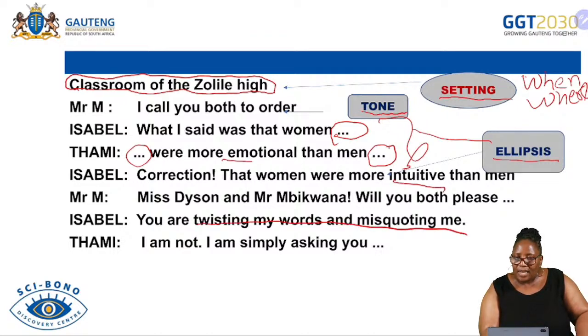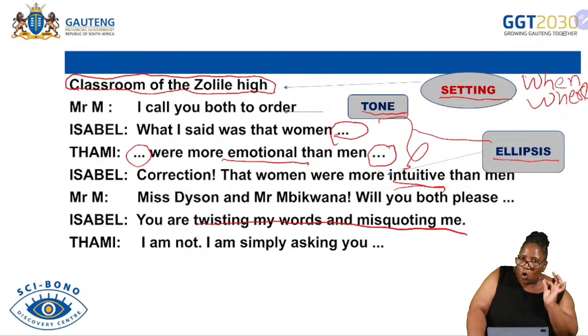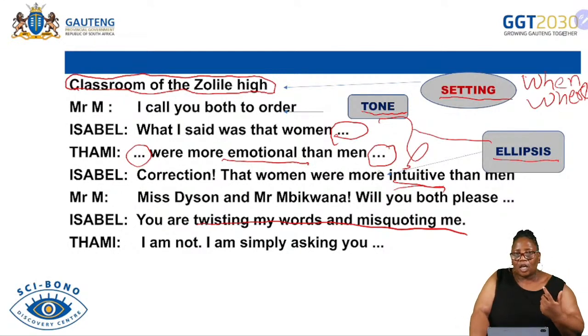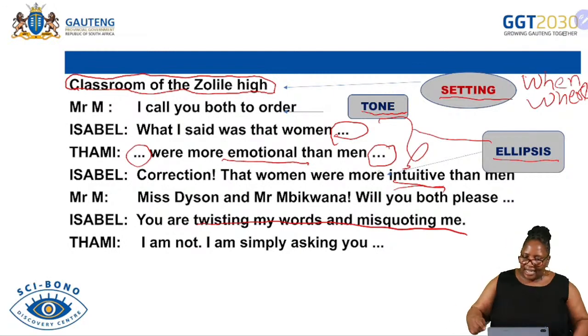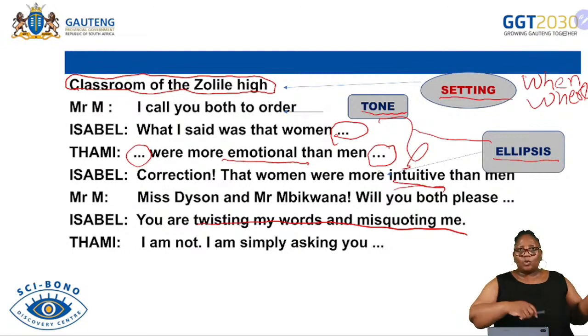Intuitive and emotional. Intuitive means you know things. You have that sense of knowing things as a woman. When you are emotional, you just happen, today you are blue, tomorrow you are green, you sad, you happy.